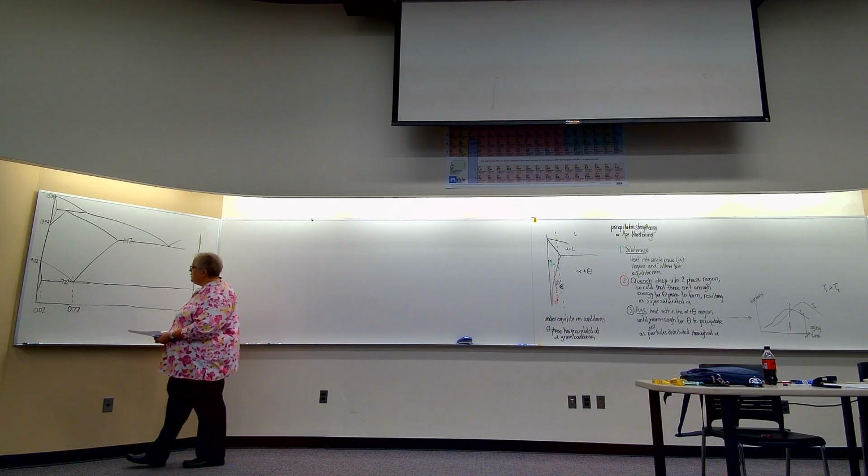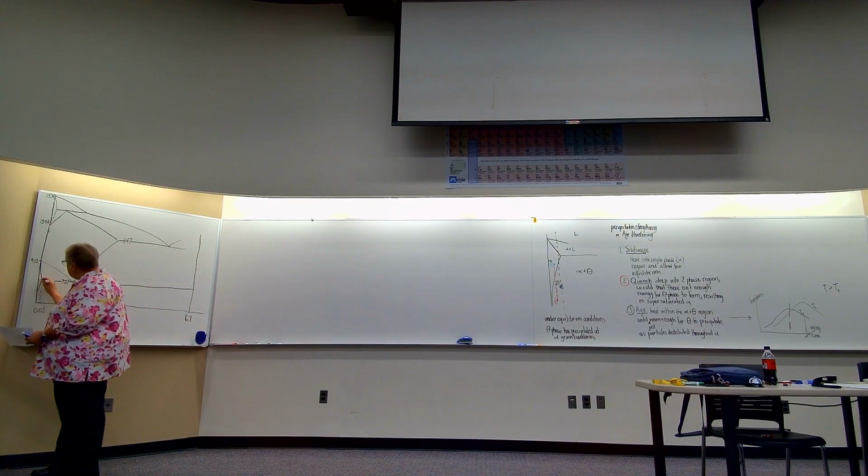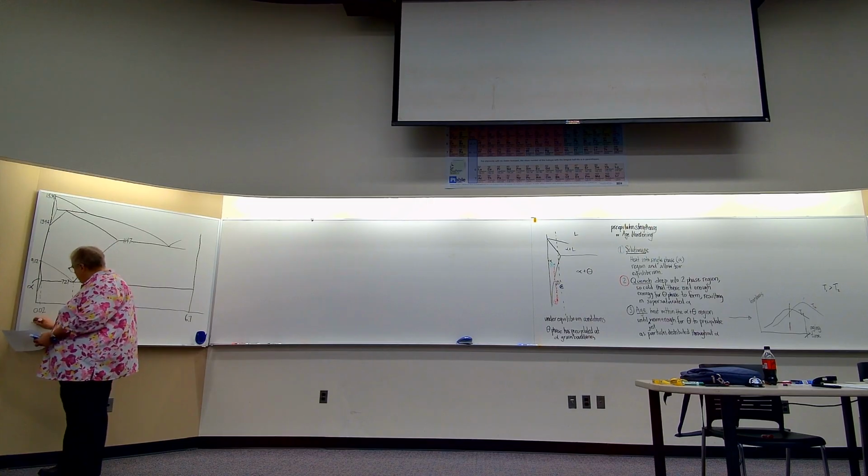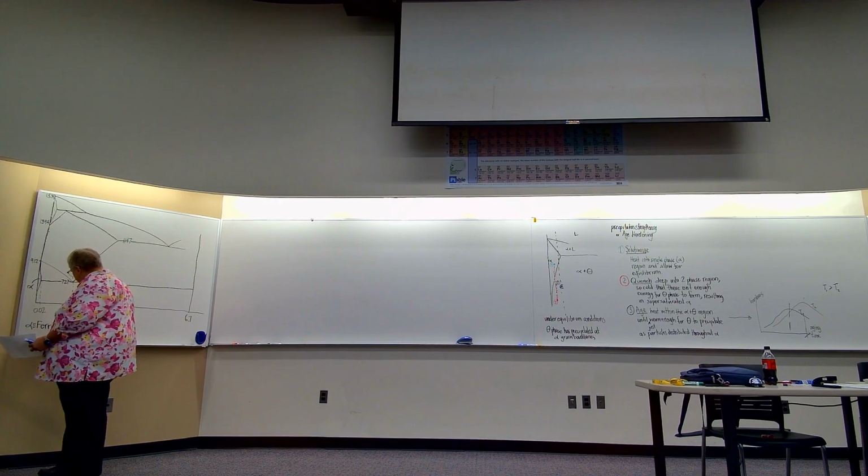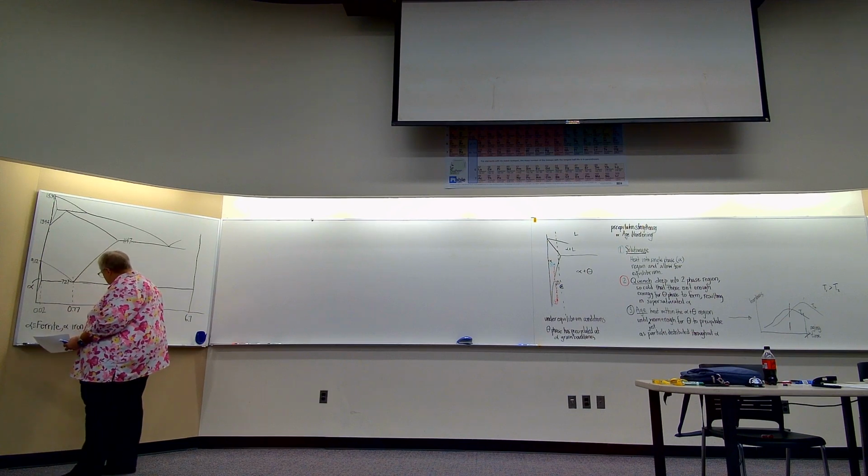All right. So this tiny little place here, that's alpha iron. It's called ferrite, and it's BCC.